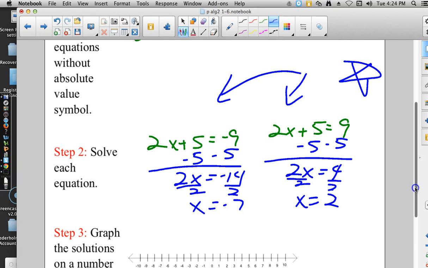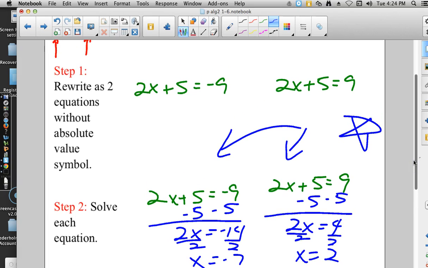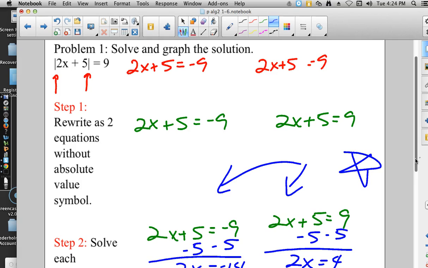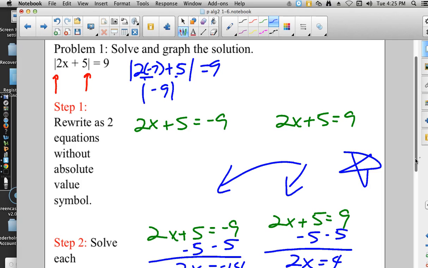Let's check that. Let's put a negative 7 into the original and a 2, and see what happens. If we put a negative 7 in, it says the absolute value of 2 times negative 7 plus 5 equals 9. That's negative 14 plus 5, which is negative 9.